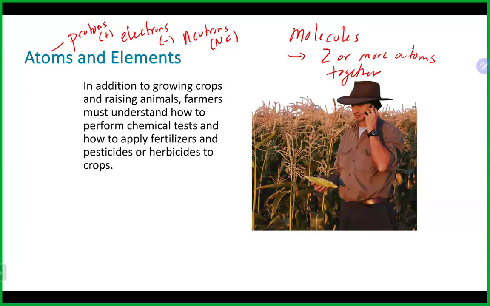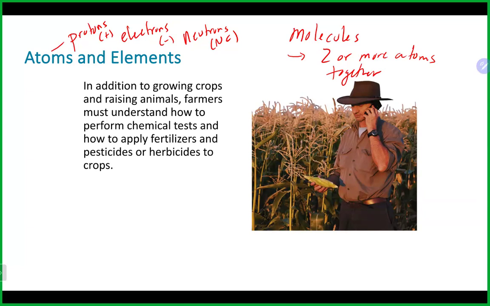So if you have a molecule, that's basically the definition. What I mean by that is it could be 2 or more atoms of the same element. It could be 2 or more atoms of different elements. But in order for something to be a molecule, that's pretty much all you need, just 2 or more atoms united together.